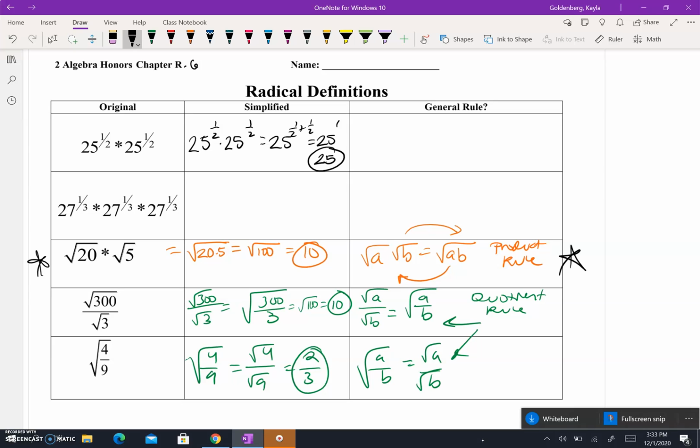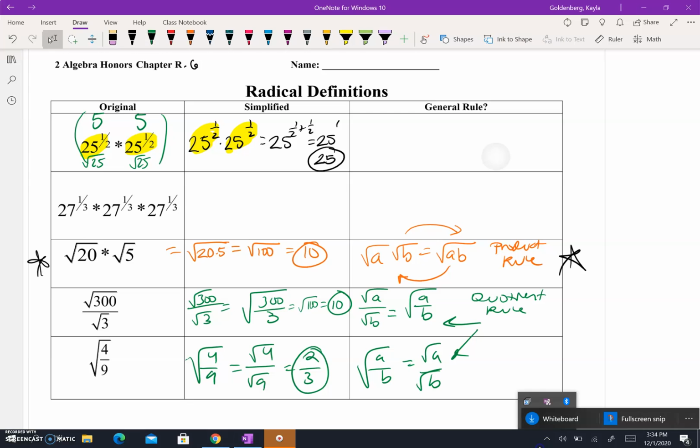So the question is, what number times itself, these are the same things twice, gives me 25? The number is 5. So somehow 25 to the 1/2 power is the same thing as 5. And isn't that the same thing as the square root of 25? Square root of 25. So these are actually all synonymous, which is kind of cool.